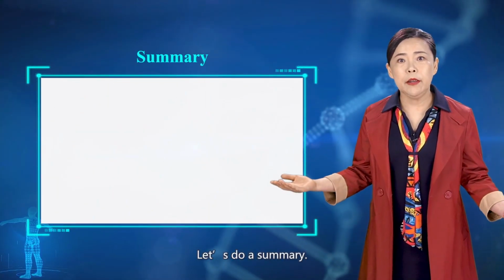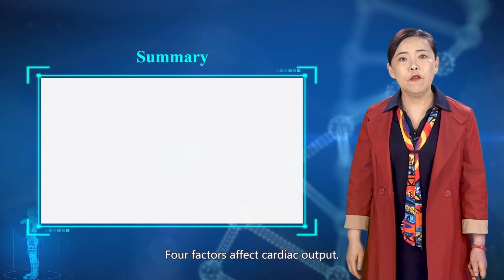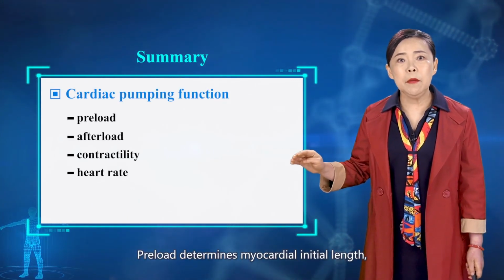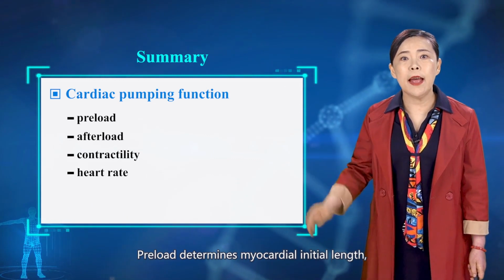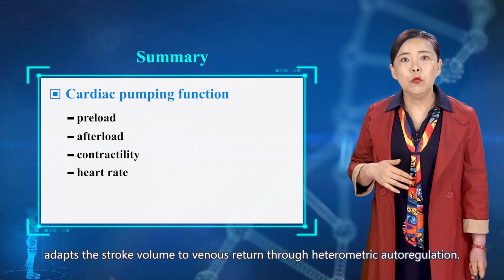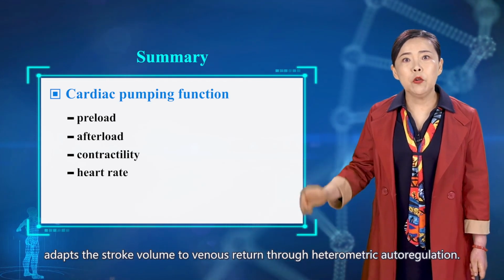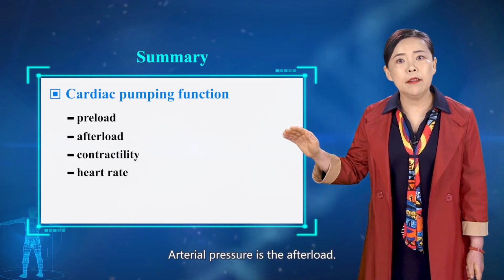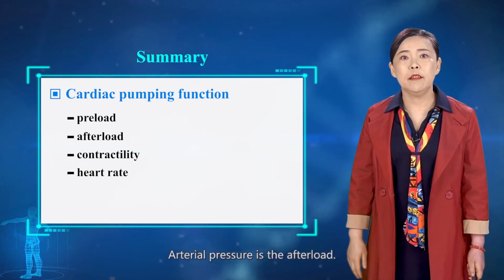Let's do a summary. 4 factors affect cardiac output. Preload determines myocardial initial length, and adapts the stroke volume to venous return through heterometric autoregulation. Arterial pressure is the afterload.